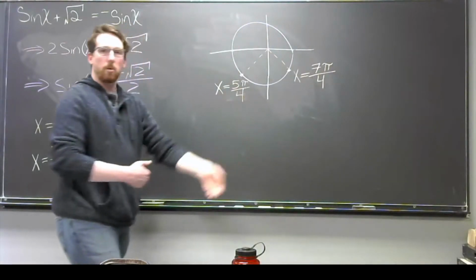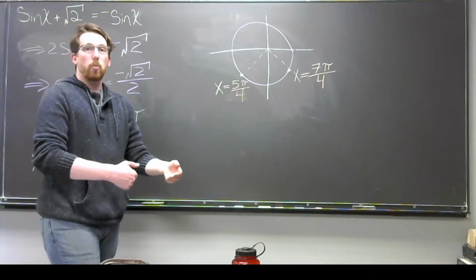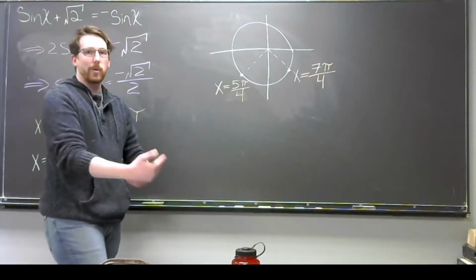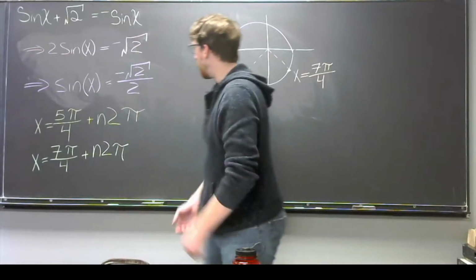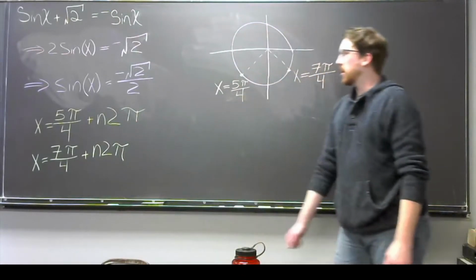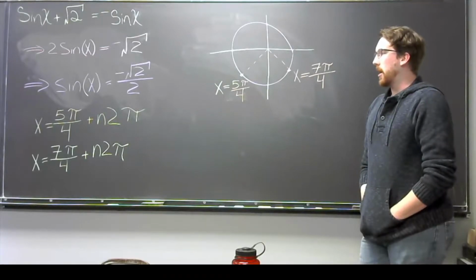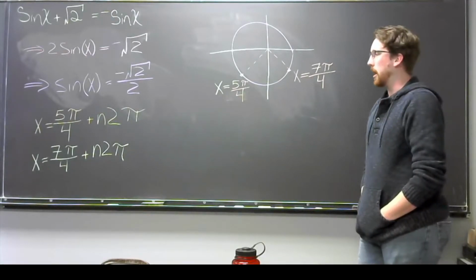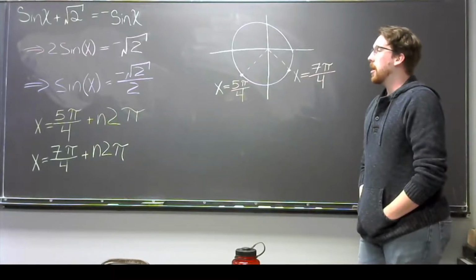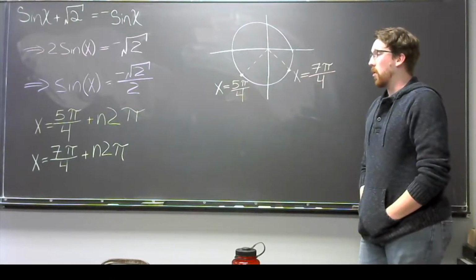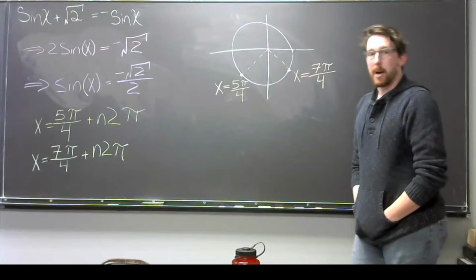So every time we make a rotation, we add a value. That's why we get x is equal to 5 pi over 4 plus n times 2 pi, or x is equal to 7 pi over 4 plus n times 2 pi.